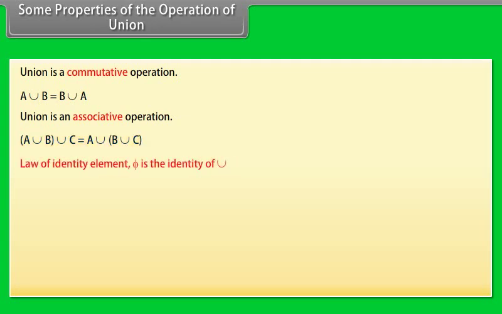Law of identity element: phi is the identity of union, A union phi is equal to A. Idempotent law: A union A is equal to A. Law of U: U union A is equal to U.